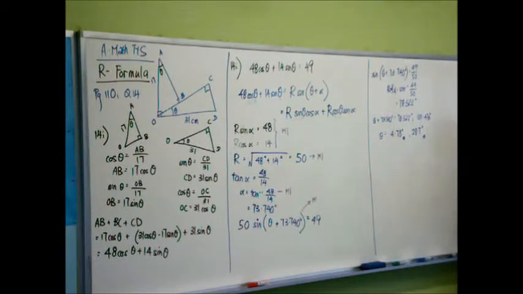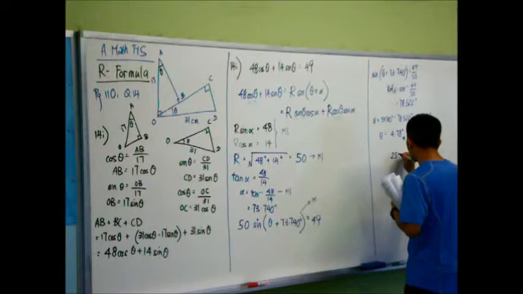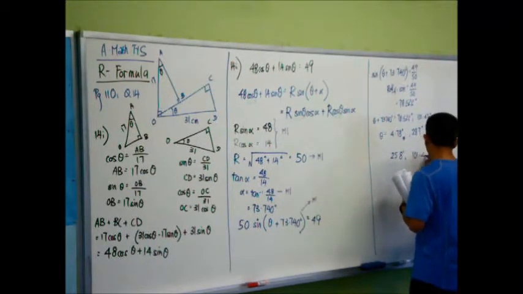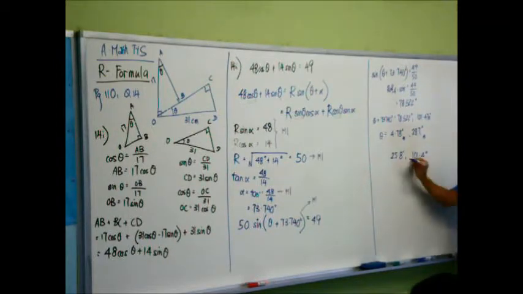How do we know? Good question. Let's say now there are still two answers. The first answer is 25.8. The next answer is 101.4 degrees. I will accept this answer, I will reject this answer.